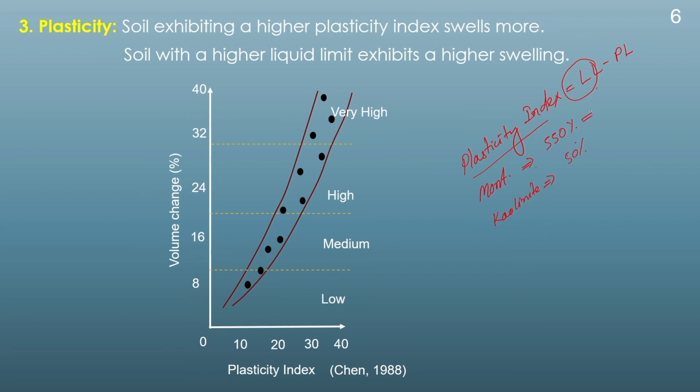In this case, the montmorillonite soil will swell more and the kaolinite will swell less. Similarly, another montmorillonite soil with a liquid limit of around 300% will also swell less in comparison to this one. Therefore, the higher the liquid limit of the soil, the higher the swelling, and vice versa.